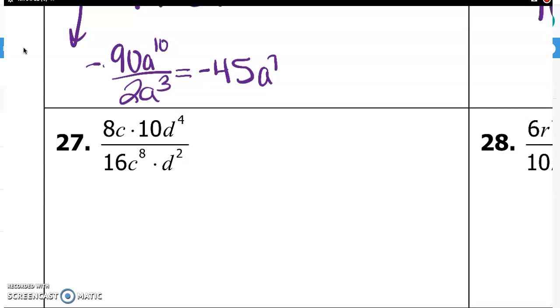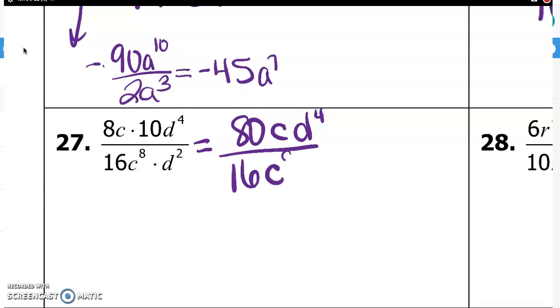For 27, again, you have 2 options. You could simplify the c term, simplify the d term, and then put it all together. I personally would not. I would get the top all as one thing and the bottom all as one thing. So I'm going to look at this as 80cd to the 4th. And then on the bottom, 16c to the 8th d squared.